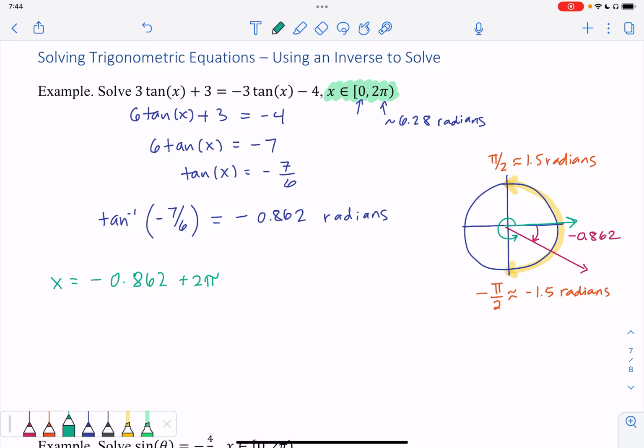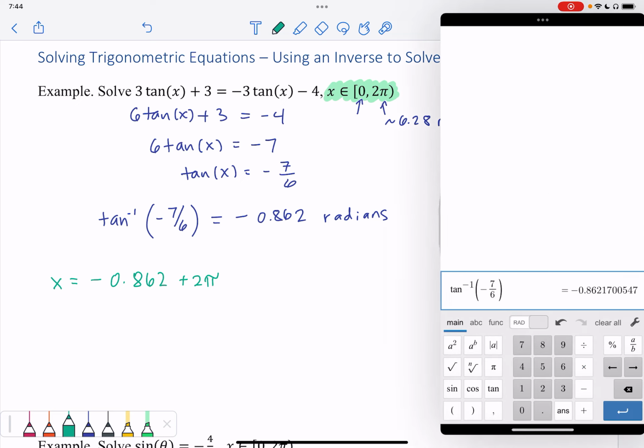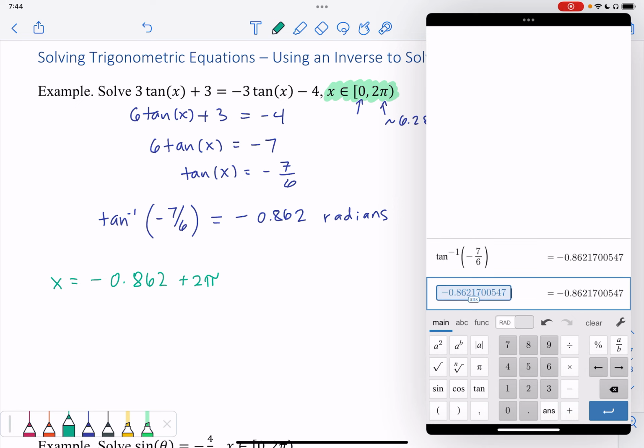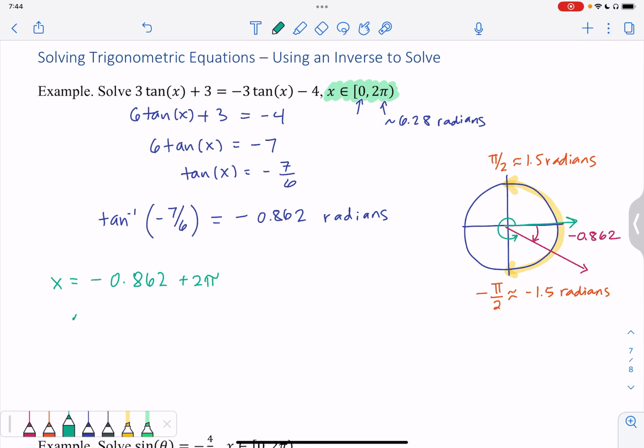Because this negative 0.862 radian angle is coterminal to this angle, it's going to have that same tangent value. So this is a solution that is in the interval that I'm allowed, 0 to 2 pi. So let's figure out what that is. I'm just going to do answer plus 2 pi, and I get 5.42. So this is about 5.42 radians.